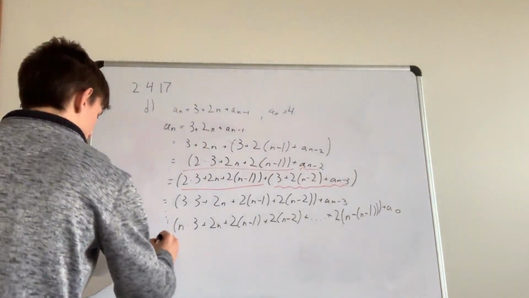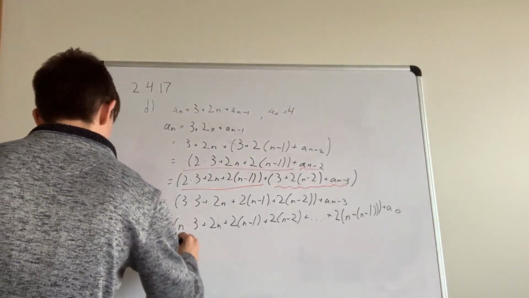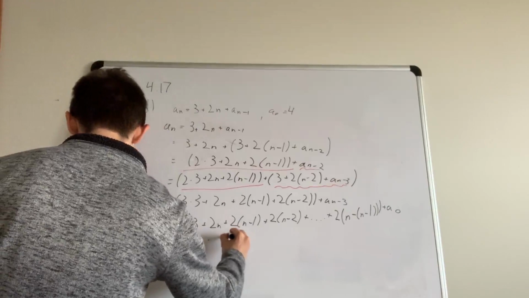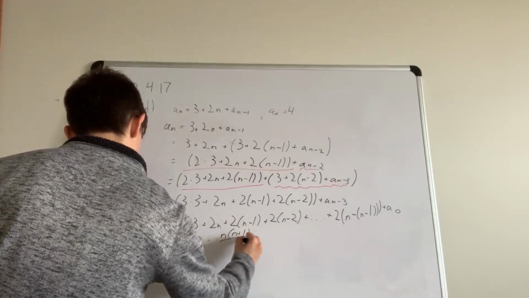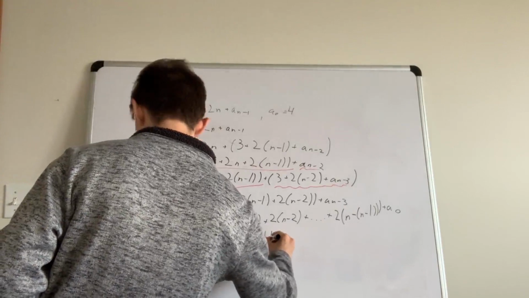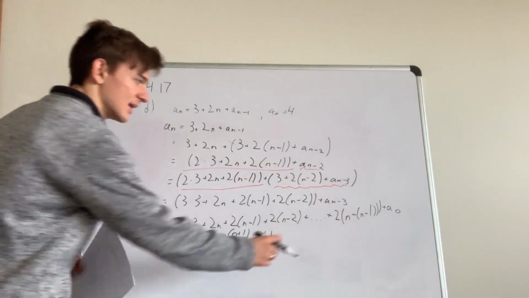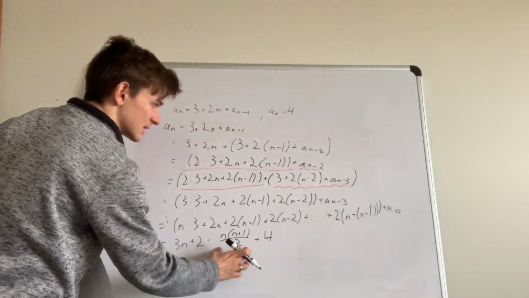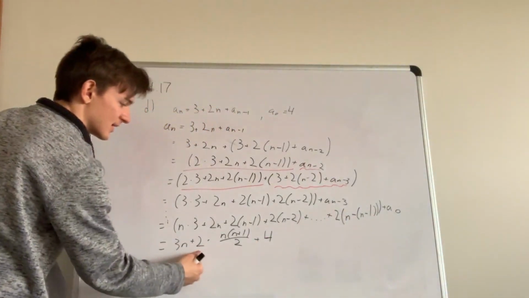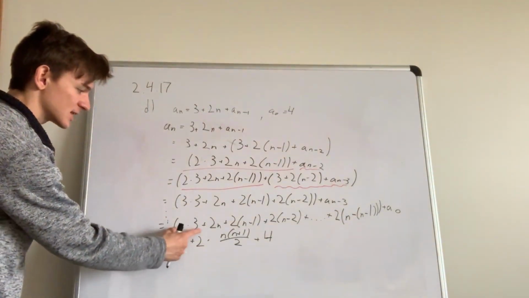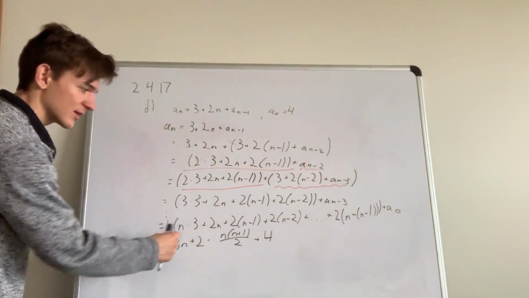So this just simplifies to 3n plus 2 times n times n plus 1 all over 2 plus 4, right? n times n plus 1 over 2 is the geometric sequence. The times 2 is the times 2 in front right there. And this 3n is just what's given at the very front of our equation.